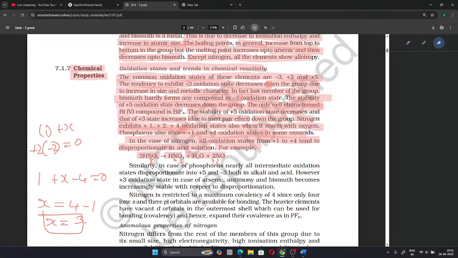We can say that it tends to be more stable in the case of +5. Similarly, in the case of phosphorus, nearly all intermediate oxidation states disproportionate into +5 and -3, both in alkali and acid.